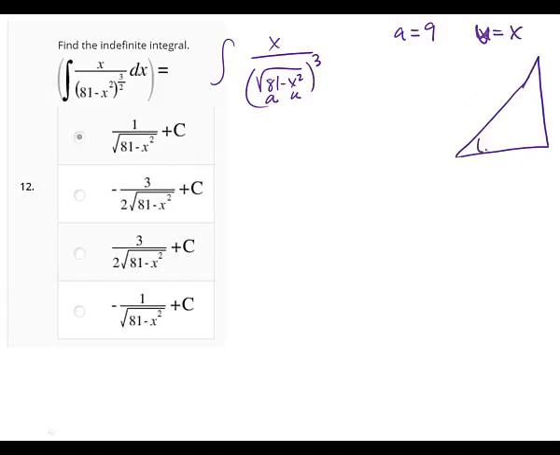All right, so I've got theta. What goes on the hypotenuse for that triangle? 9. What goes on the opposite leg? x. And so that means the radical mess has to go here, right? I'm just putting the radical, I'm not putting the cubed.